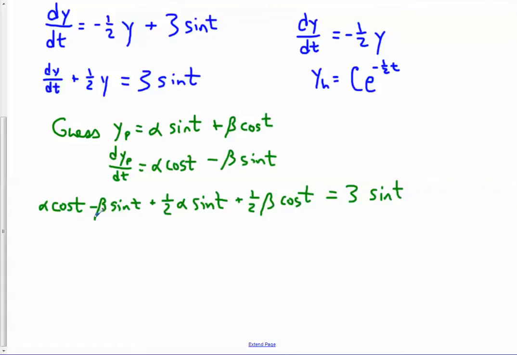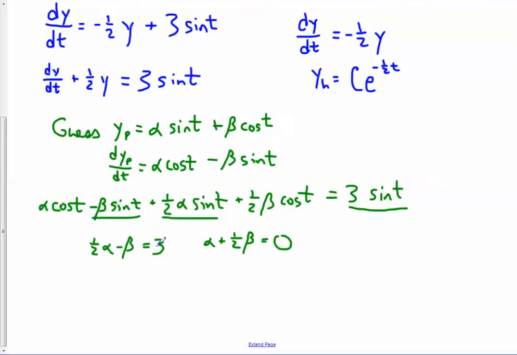I see that my sine t's have to match up. So 1/2 alpha minus beta is going to have to equal 3. And then the cosines: alpha plus 1/2 beta, I don't have a cosine on the right, so those have to add up to 0.